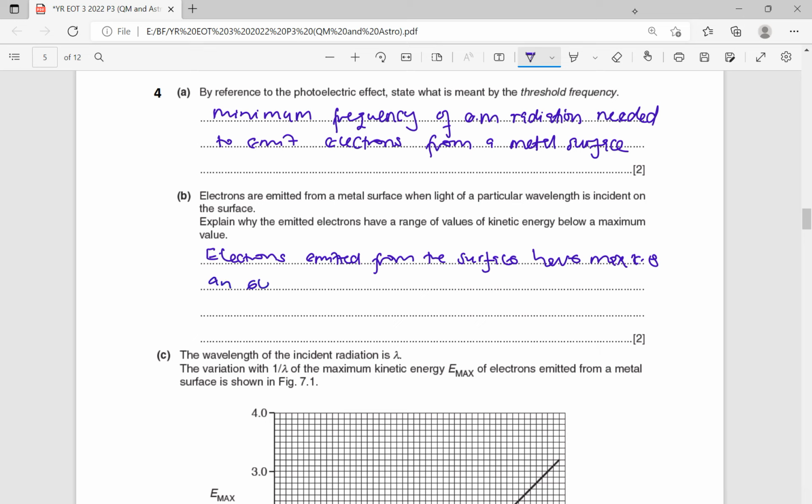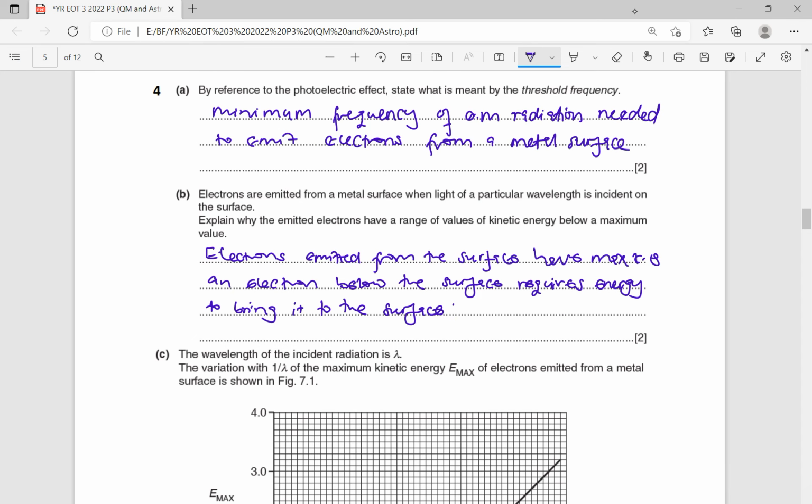An electron below the surface requires energy to bring it to the surface. And if this is true, it means the surplus energy given to this electron as kinetic energy will be less.